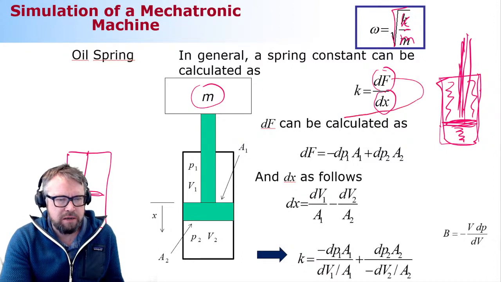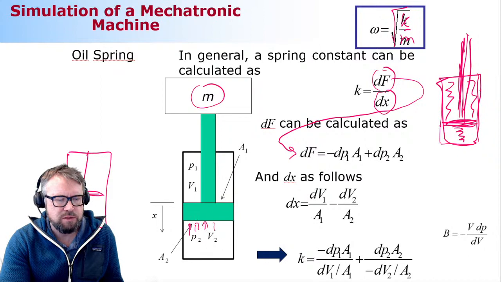How can we compute the change of the force? The forces affecting here are how much the pressure is affecting the piston side and the piston rod side. Those are the two forces that are applying, and they are opposite in direction.